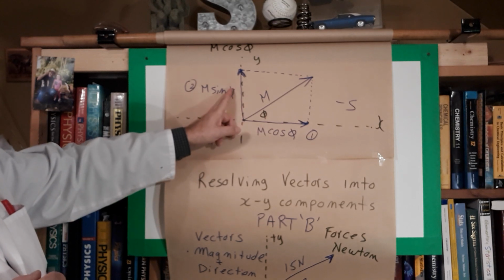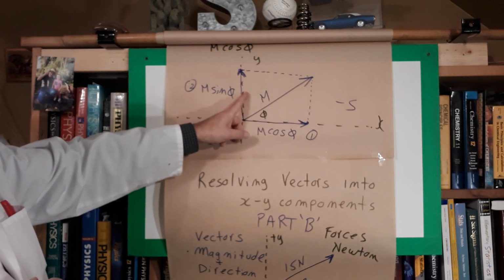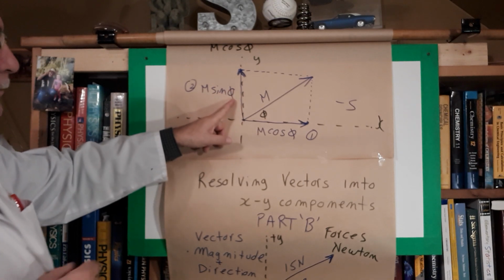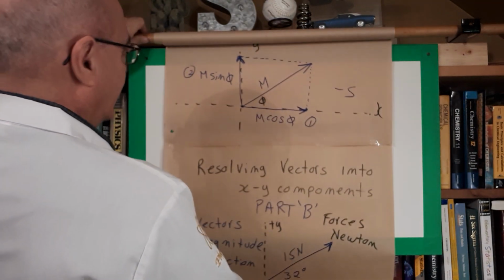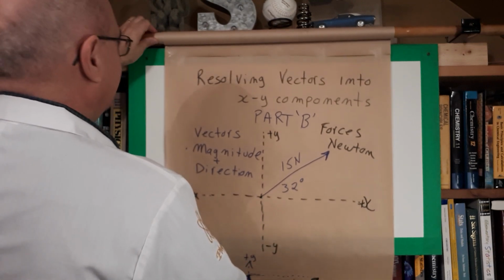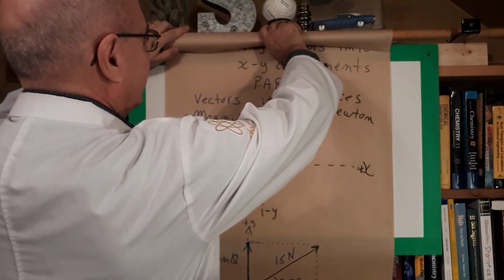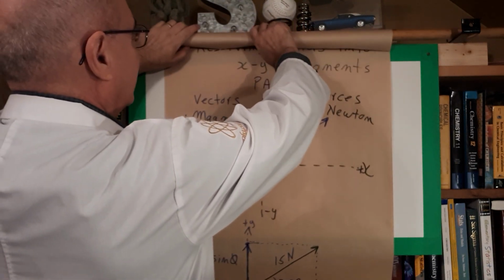For the component which is opposite the angle which is given, or the angle that is known, we're going to use m sine theta. So you could go back to first principles and solve that again, but it's easier if you just simply memorize m cos theta, m sine theta.